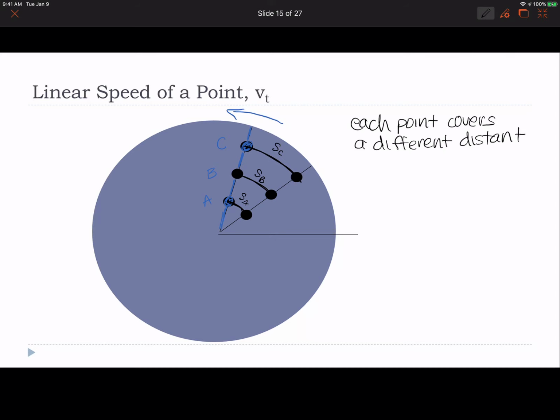It turns out we call this tangential speed. We'll come back to this in a little bit, but it's tangential speed because at any point in the motion, the speed or the velocity of the object is tangent to the path. So there would be a tangential speed of C, a tangential speed of B, and a tangential speed of A. And of course, the further out you go, the faster you have to move. We'll come back and talk about that a little bit later.